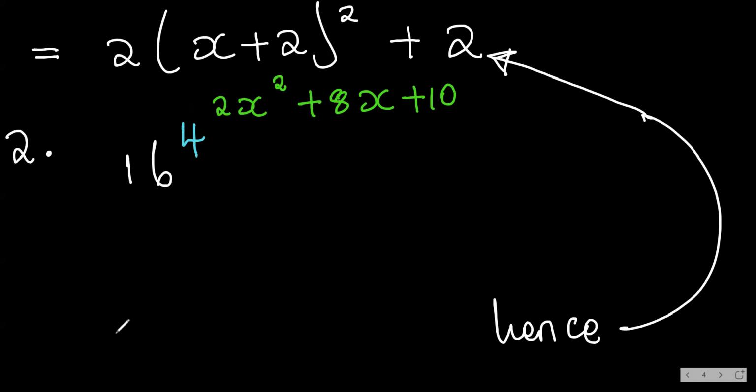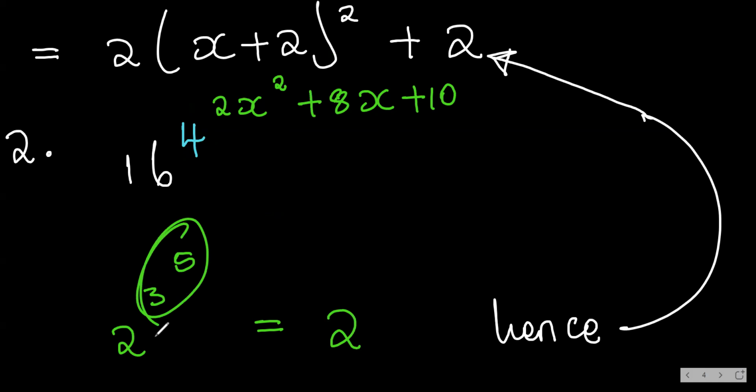As an example, let's say you have 2 to the power 3 to the power 5. How do you deal with this? Firstly, from the inside, you begin by saying, what is 3 to the power 5? That's how you begin. And you will find that 3 to the power 5 will give you 243.